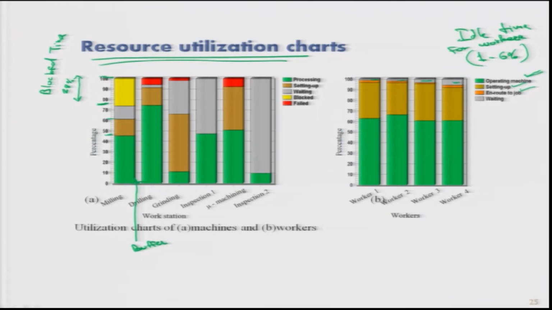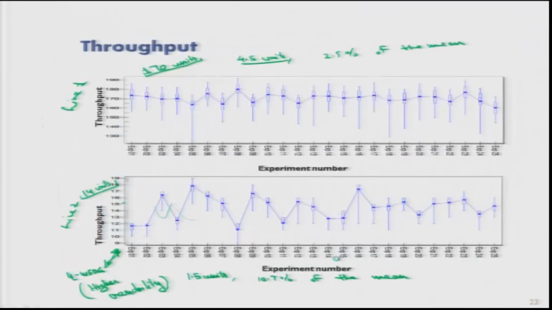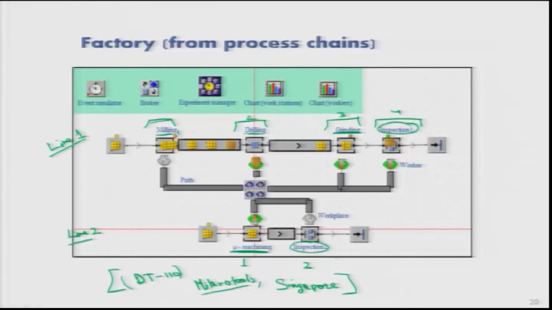However, this would not affect our green throughput. The throughput which we are getting is a green throughput, because each of these processes is operating at its optimized or green settings.